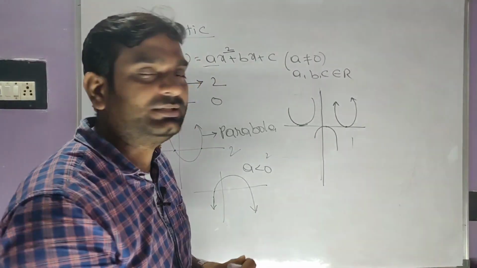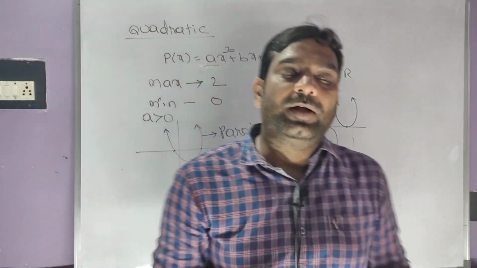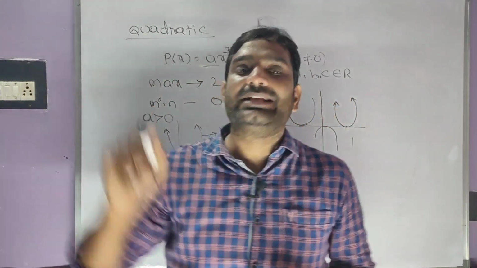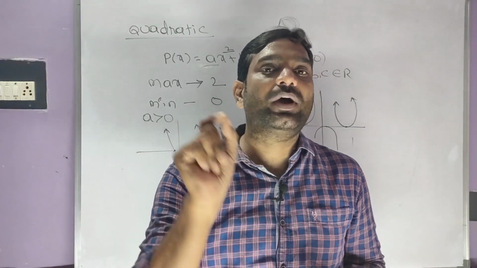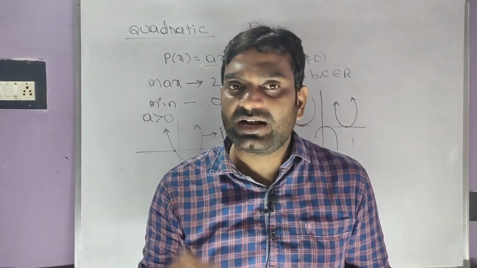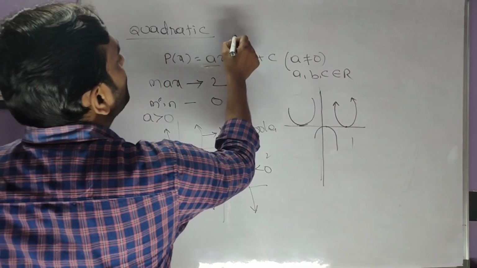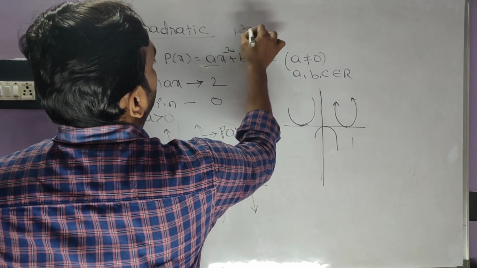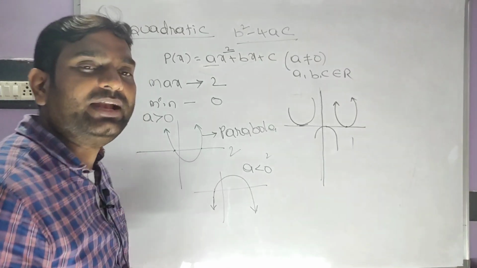When will it occur? We know the discriminant of the quadratic polynomial ax² + bx + c. What is the discriminant? b² − 4ac is called the discriminant.